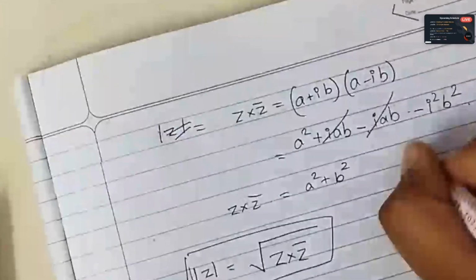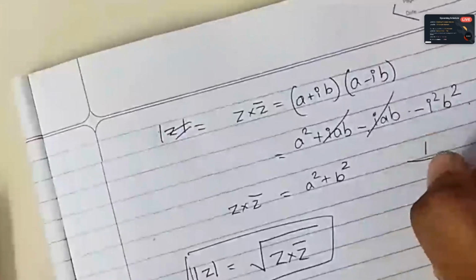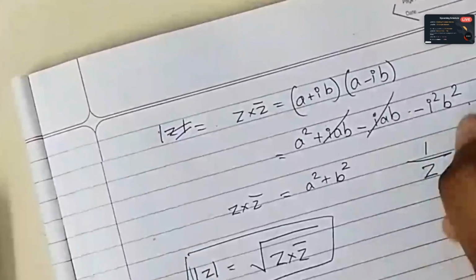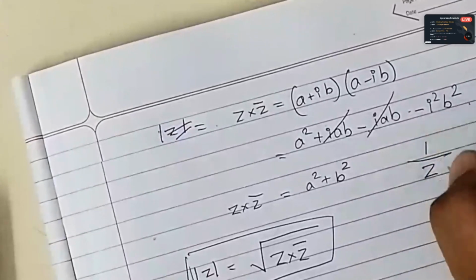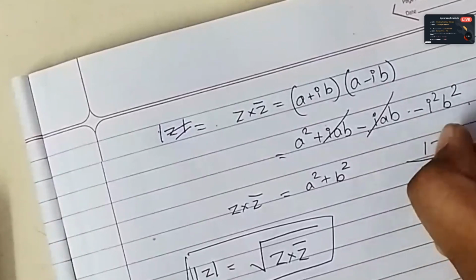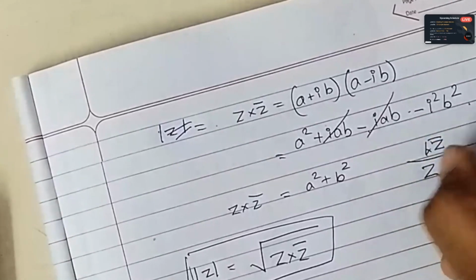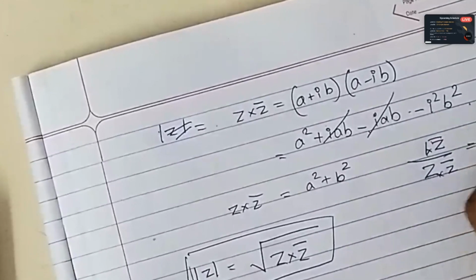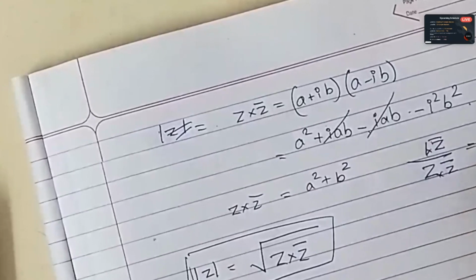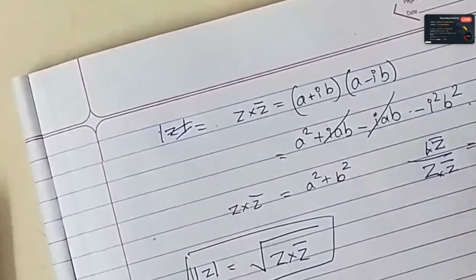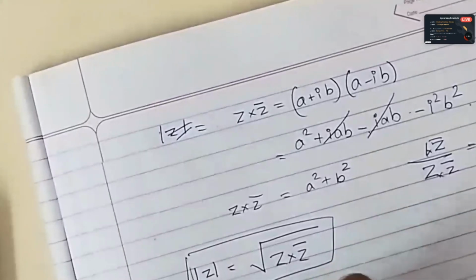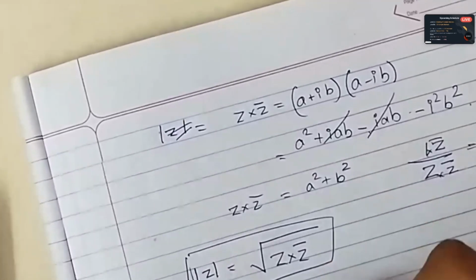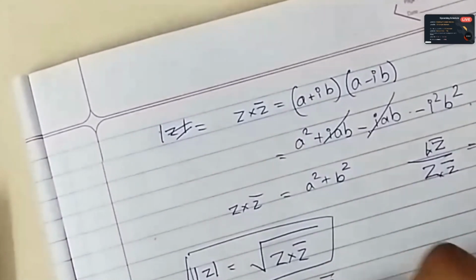So let's say we want to find the reciprocal of the number, 1 over z. We multiply both top and bottom by the z conjugate. So it becomes z conjugate upon mod z squared. So 1 by z is equal to z conjugate upon mod z squared.